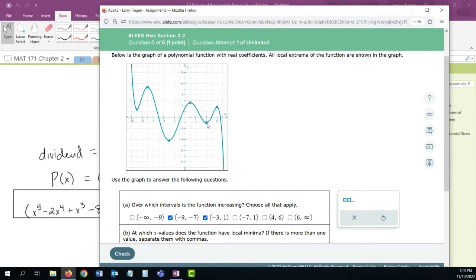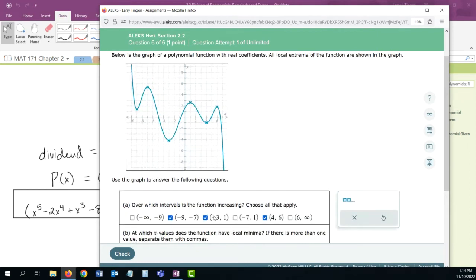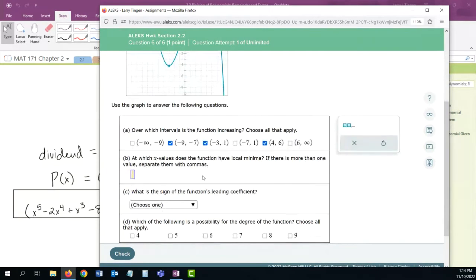And then I fall, and then I rise again from 4 to 6. And that's it. The reason I'm pausing is they're missing an interval here. They didn't put -7 to -3, it's not even an option, so I don't know why.